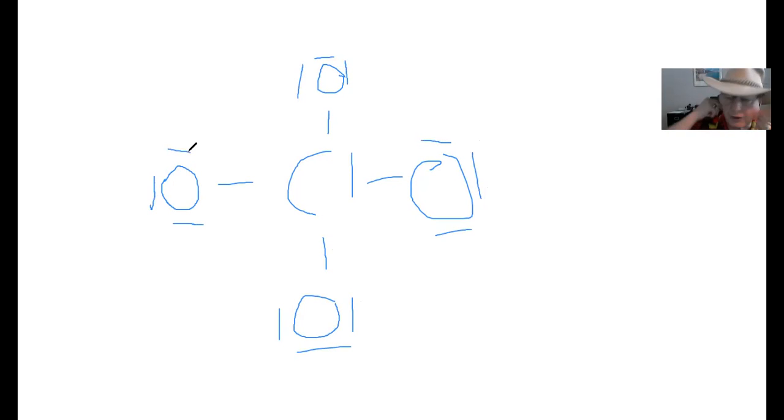Hold on a second, guys. I got to see something. That actually is, if we count them, 32. So can this one have resonance structures?